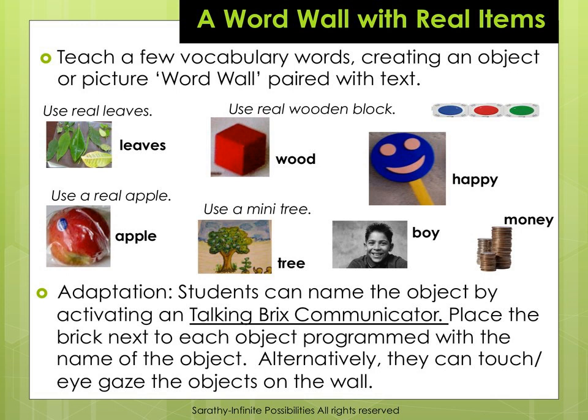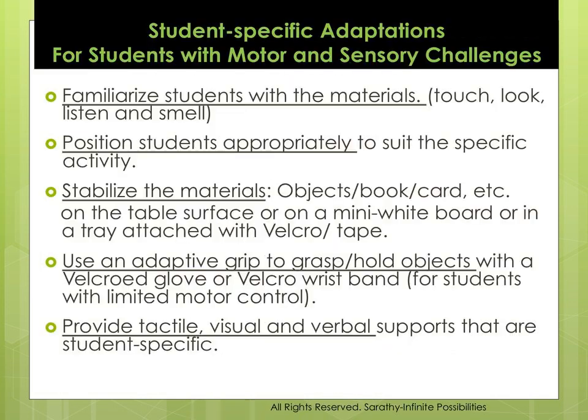And so as they press it, they hear the word, they see the object, and they see the text. And you can also attach it to a mini whiteboard, and you can attach the object and the text next to it, if a student needs that kind of support.